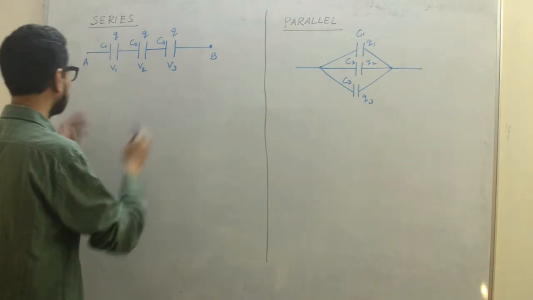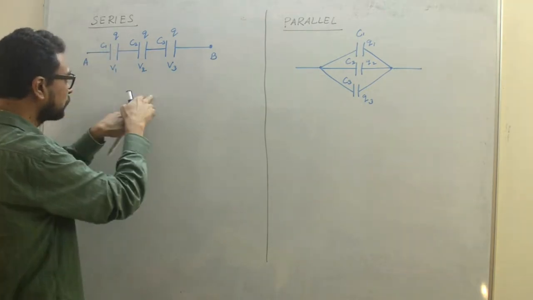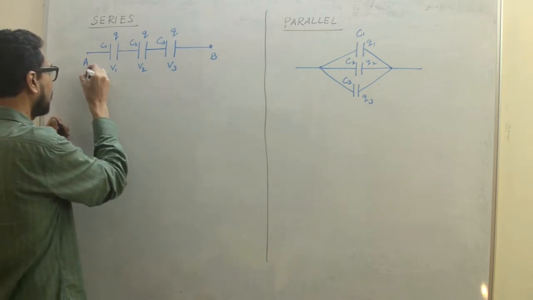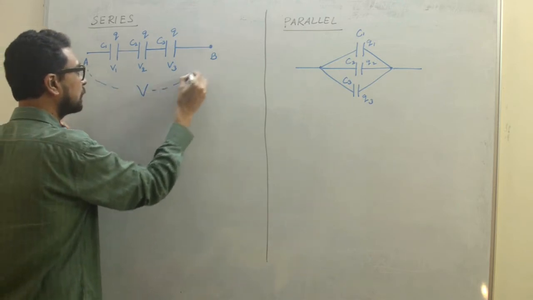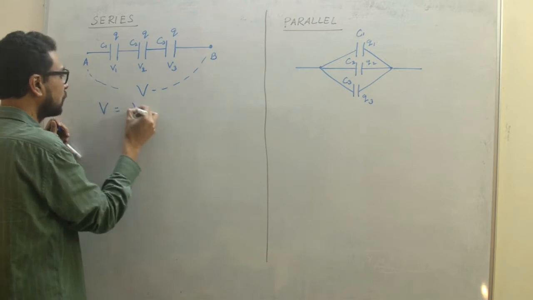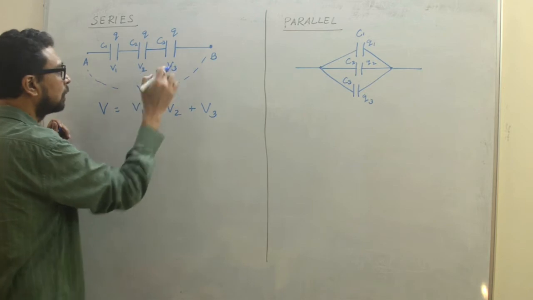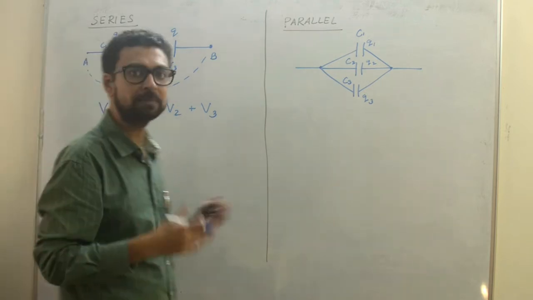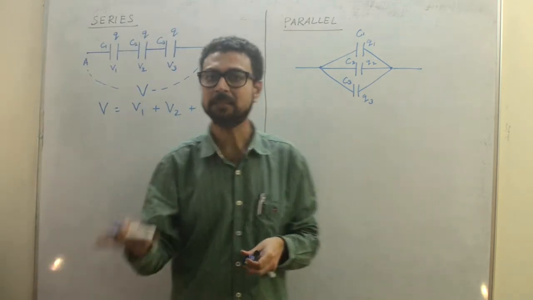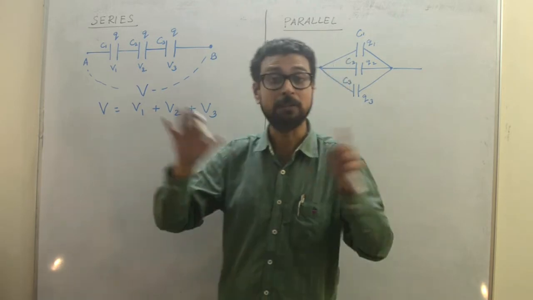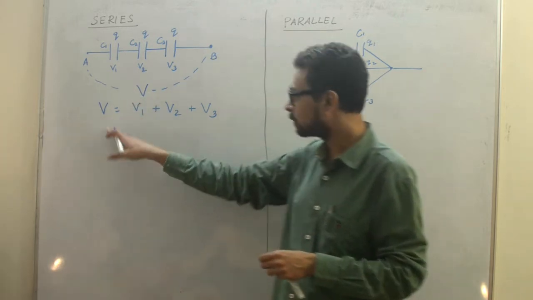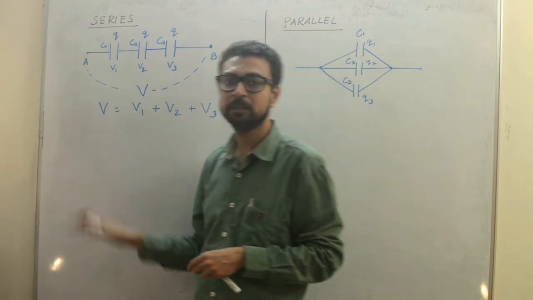If the effective potential between these two points is V, then V is equal to V1 plus V2, because all these individual drops give you the total potential drop. This is from class 9-10 concepts. It doesn't require a huge thing to know. The sum of all these potentials will be the total potential.